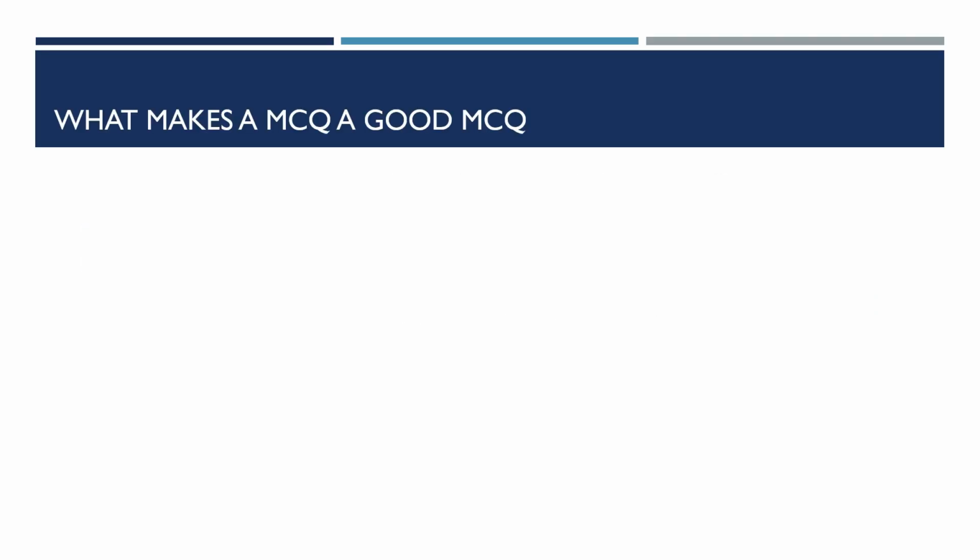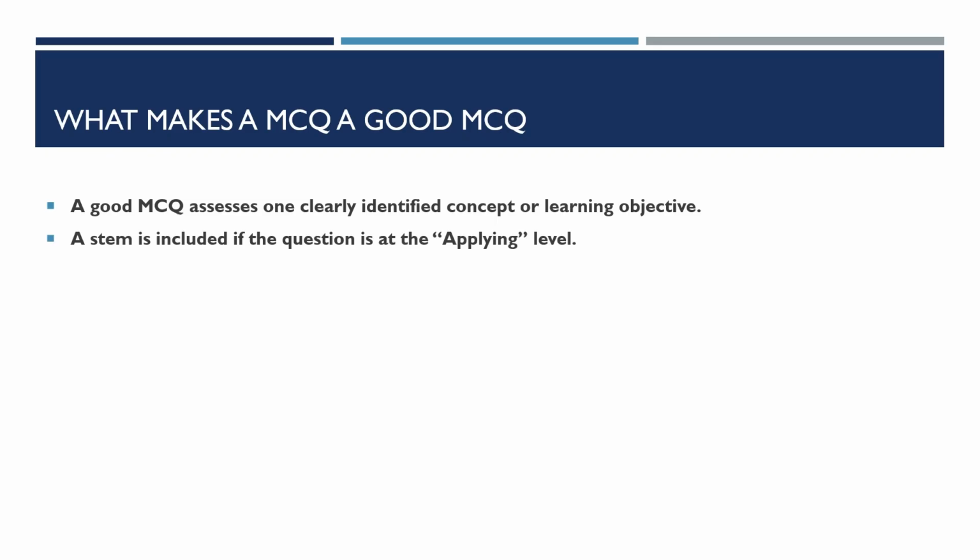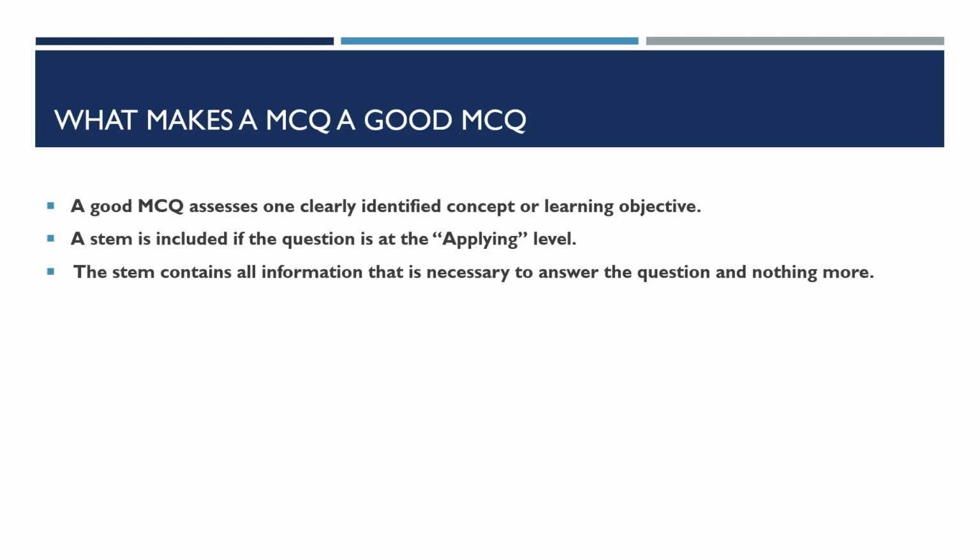So what makes an MCQ a good MCQ? A good MCQ assesses one clearly identified concept or learning objective. A STEM is included if the question is at application level or above. The STEM contains all the information that is necessary to answer the question and nothing more.